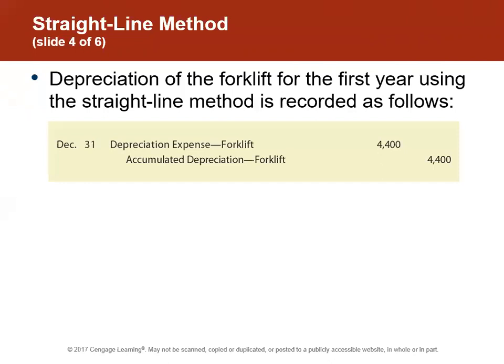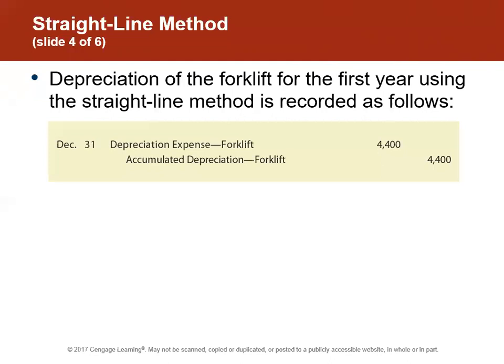So it is affecting the forklift, the value, our book value is what it's called. So book value is going to be equal to that forklift, the cost, minus any accumulated depreciation. So in this case, at the end of year 1, we had a cost of 24,000 minus depreciation of 4,400.